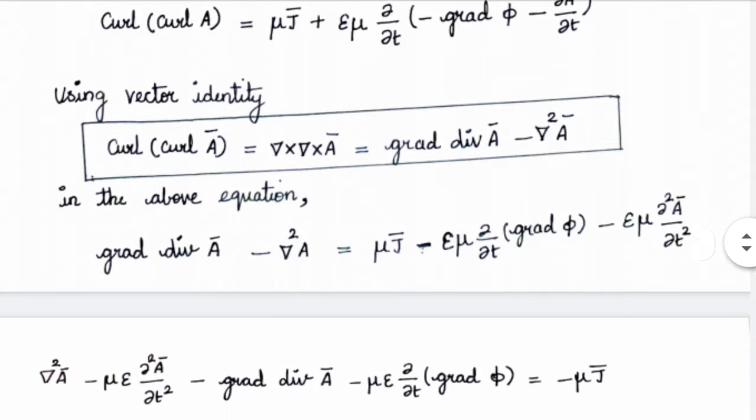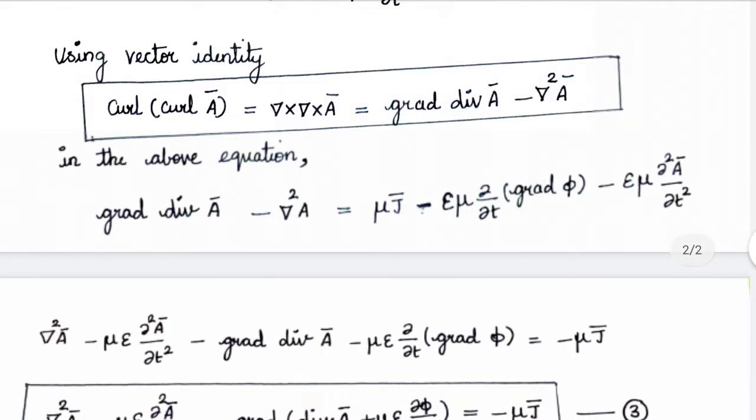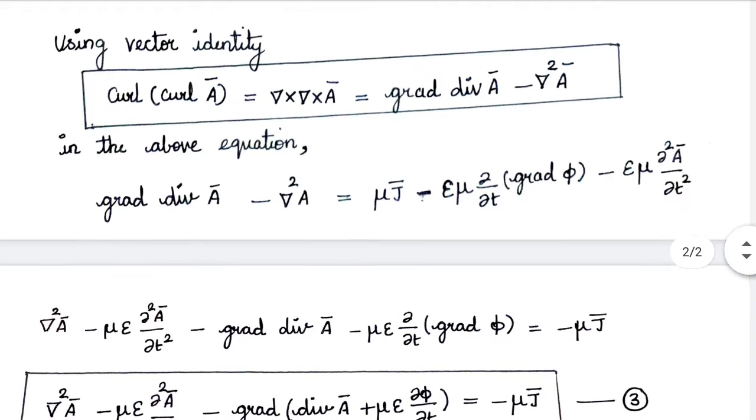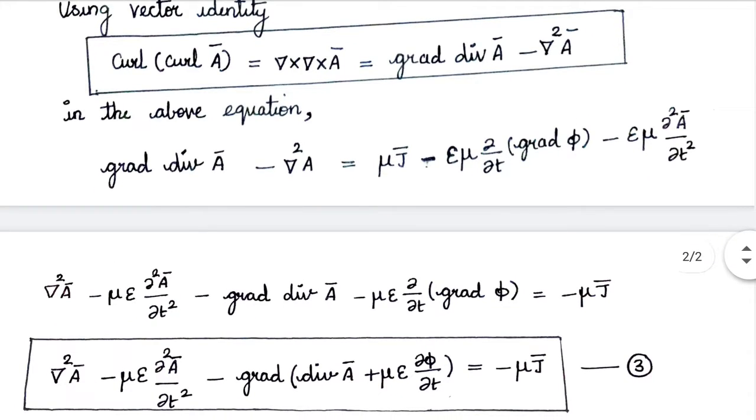The next thing we are doing is bringing everything to one side except mu times J. So, we get del square A minus epsilon mu dou square by dou T square. We are clubbing this together and again we have minus grad div A minus mu epsilon dou by dou T grad phi.